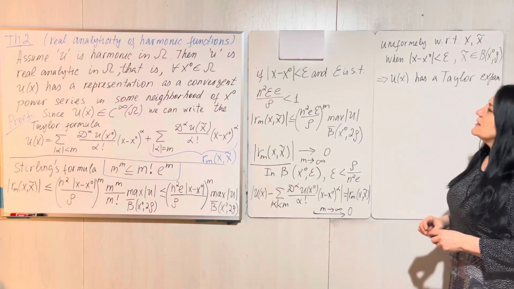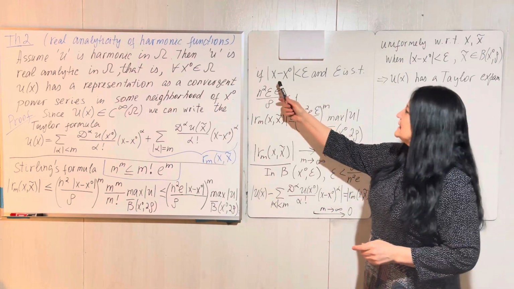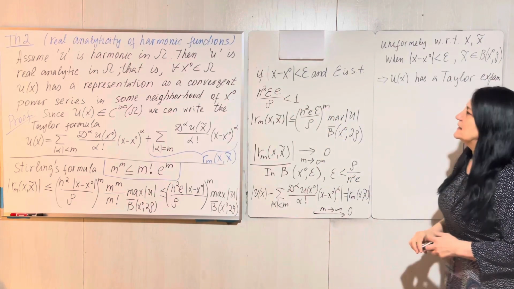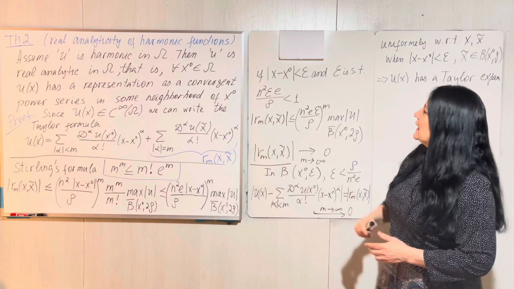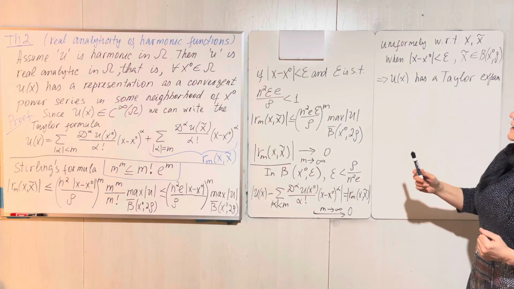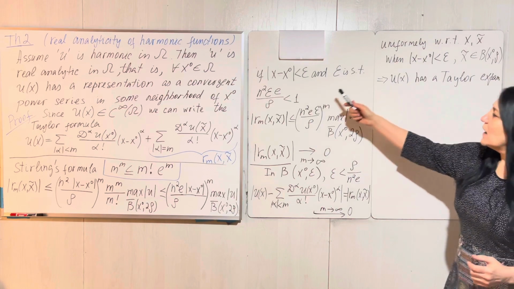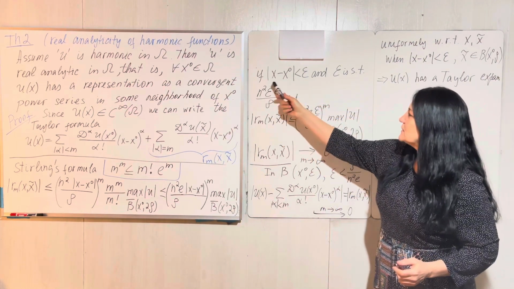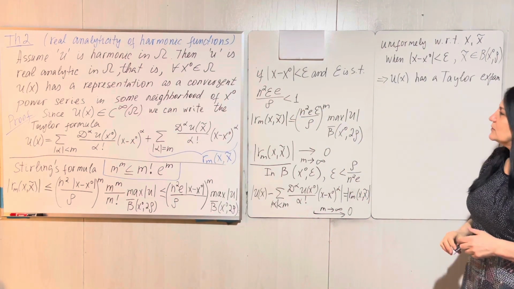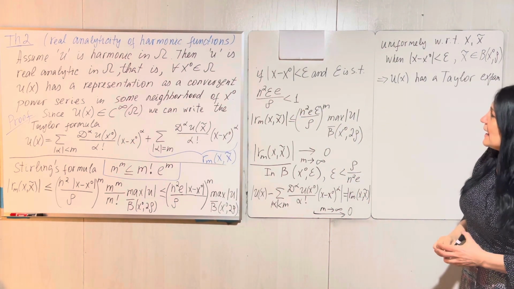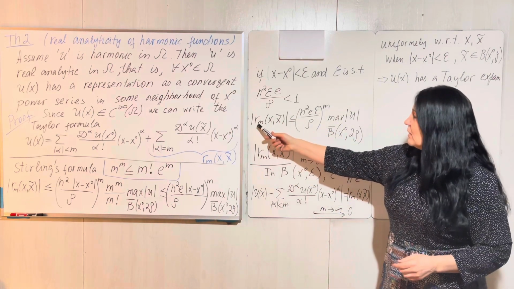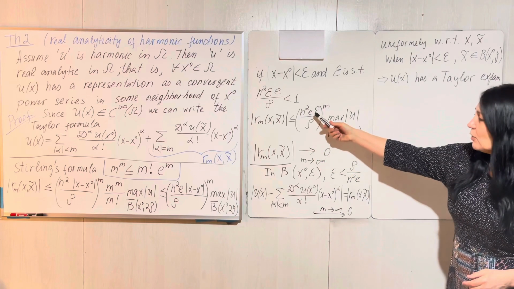And then next step, if we take x at a distance that is less than epsilon, and epsilon is chosen in such a way that we have this whole thing less than 1. This is obviously possible to do, and then in this case we will have for our remainder the following estimate, right?